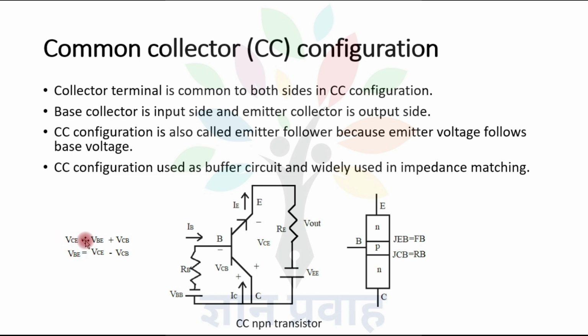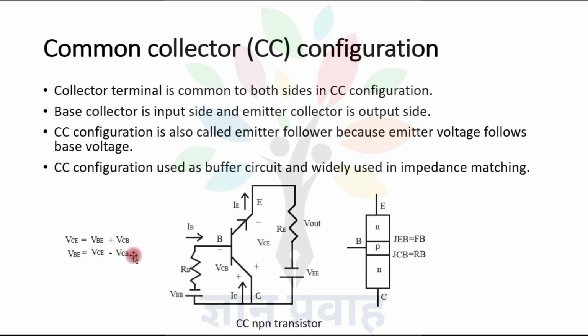So VCE voltage is nothing, it is summation of VBE plus VCB. So VCE is the summation of VCB plus VBE. So here VBC equal to VCE minus VCB. So this expression is required for calculation of input-output characteristics for CC configuration.